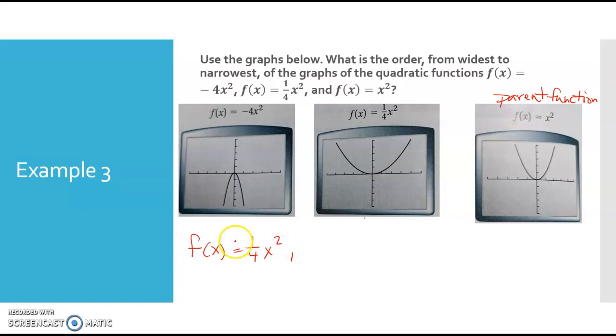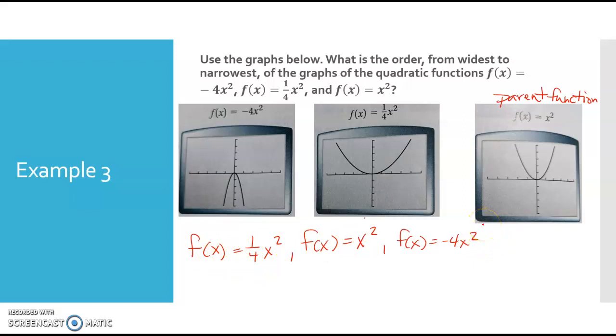That's our widest graph. And then from there, this is pretty skinny. But if I look at this one, this is wider than this one. And we could even probably do a comparison about how close we are to those 1 values. But my next one is f of x equals x squared. And then lastly, that leaves f of x equals negative 4x squared. So that's our order from widest to narrowest.